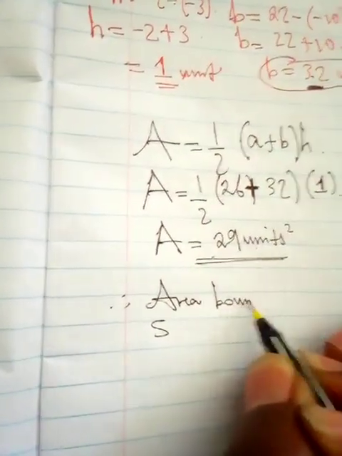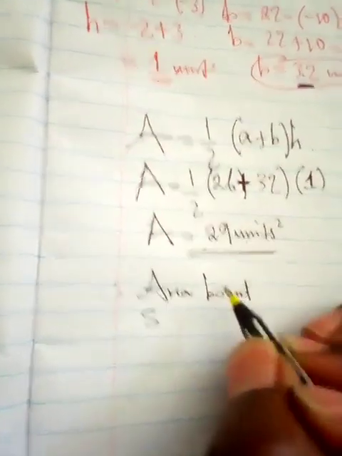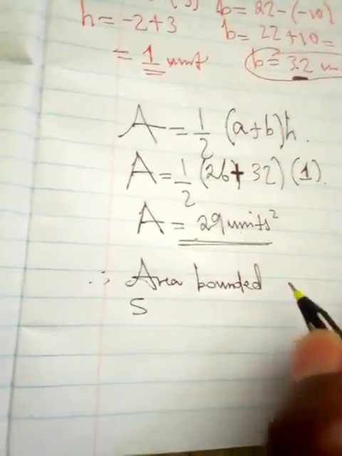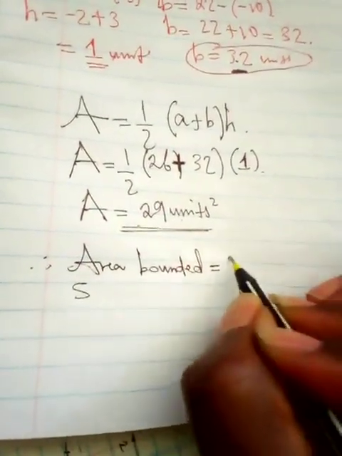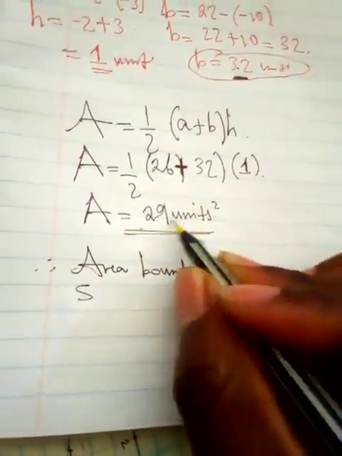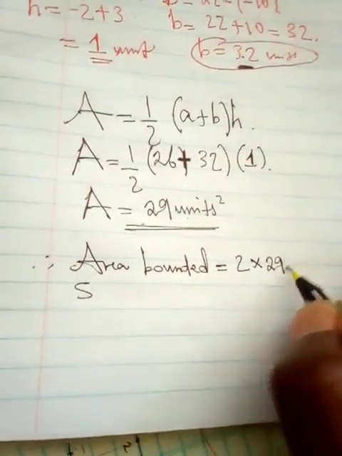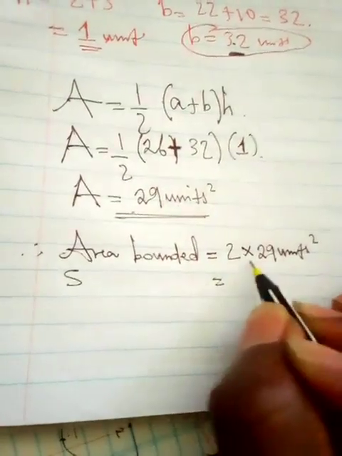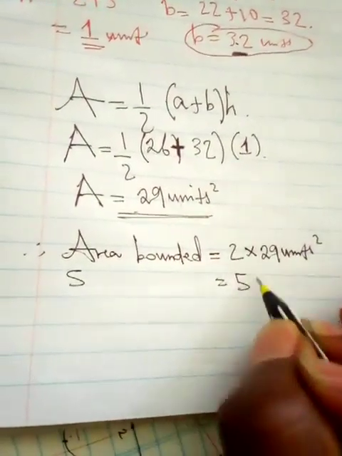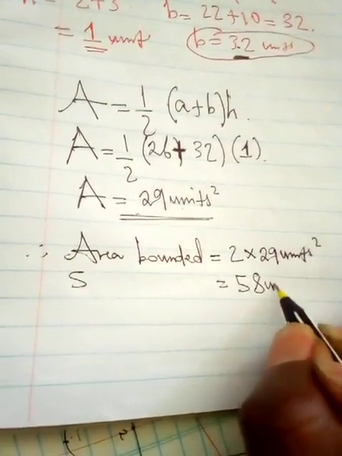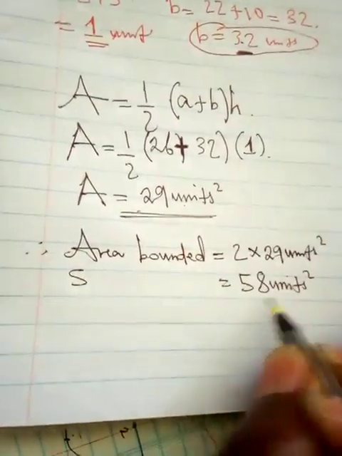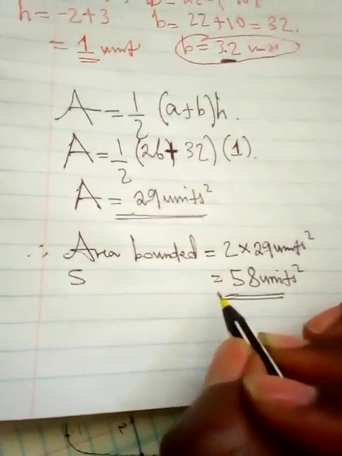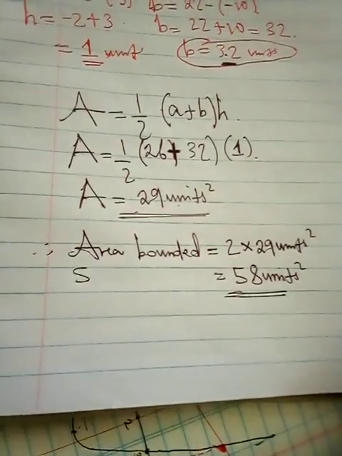We normally use area shaded when we're talking about the addition mathematics mostly, where problems like that are found. So the area bounded will be equal to 2 times the same 29 units squared that you had found there. And 2 times 29, I believe for once, is just going to be 58 units squared. Once you do that, then you have determined your area.